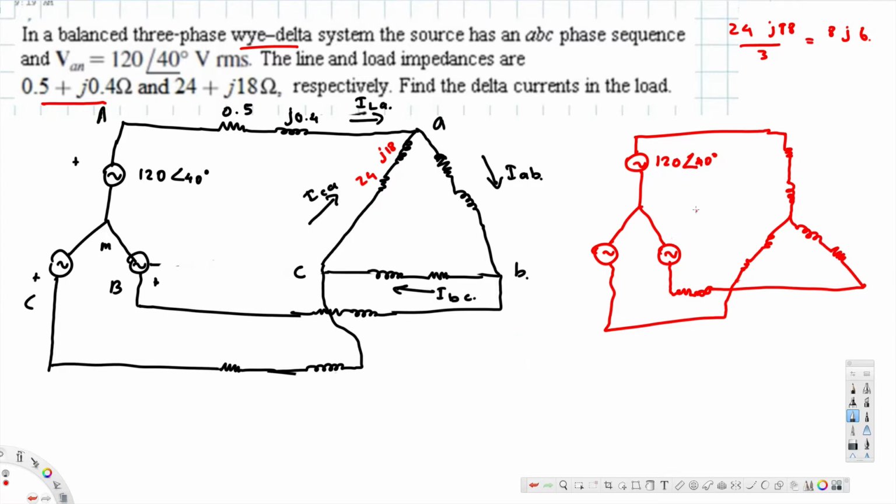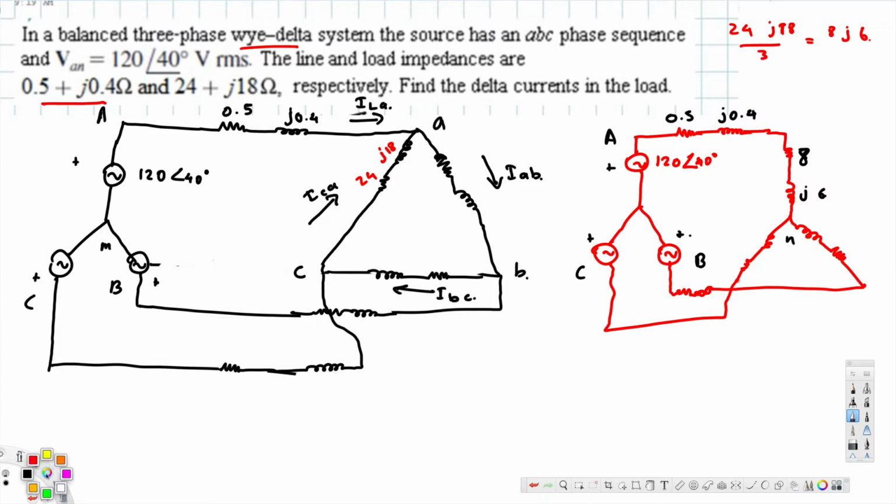This is 120 angle 40 degrees, and here we have 0.5 plus j0.4, and this is 8 plus j6, and this one is A, this one is B, and C right here.